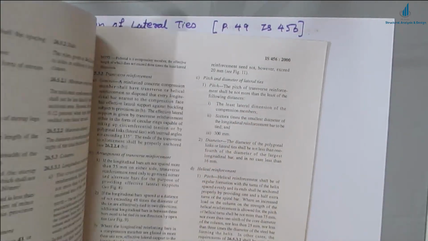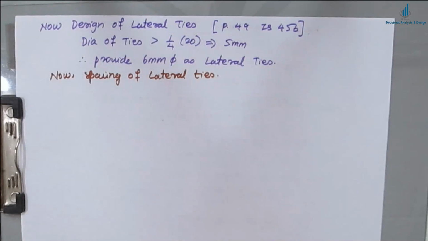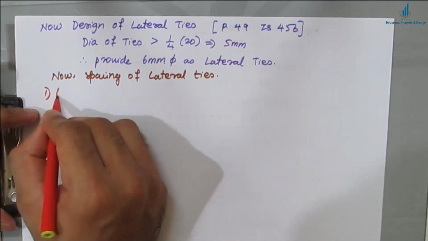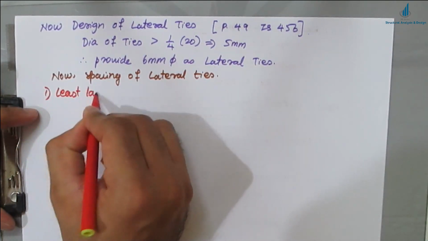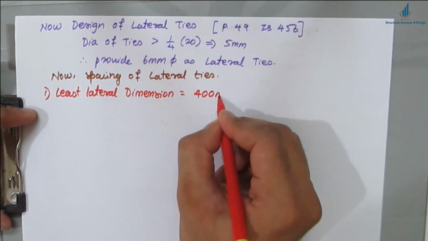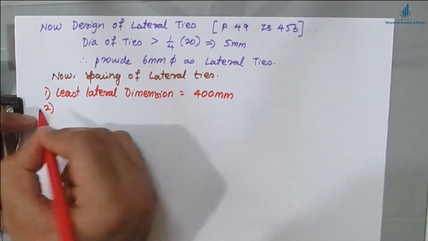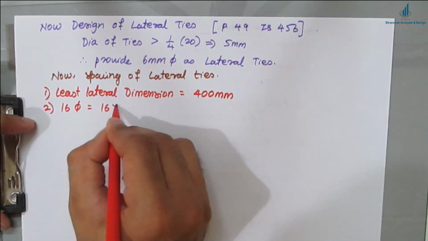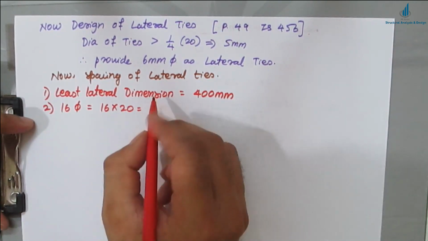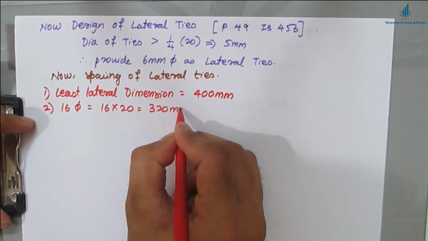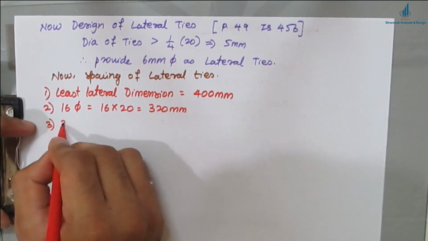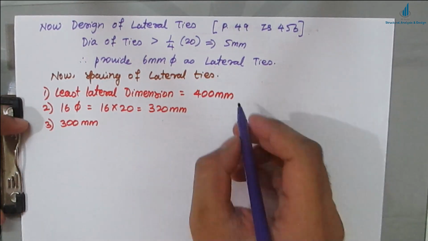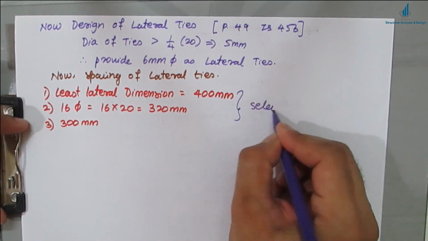So all these things you will be getting on page number 49. So the first is least lateral dimension, 400 mm. Then second is 16 times the diameter, 16 into 20, so it comes out around 320 mm, and the third is 300 mm, and you have to select the least.